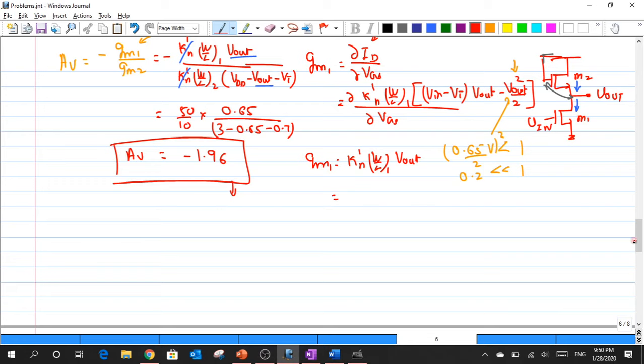And the Kp dash is equal to 36 microamperes per volt square, whereas the threshold voltage of the PMOS device is different from that of the NMOS device, which is taken as Vtp equal to minus 0.5 volt. Also given extra is that the aspect ratio of our M2 transistor is 2 by 2, or just 1.